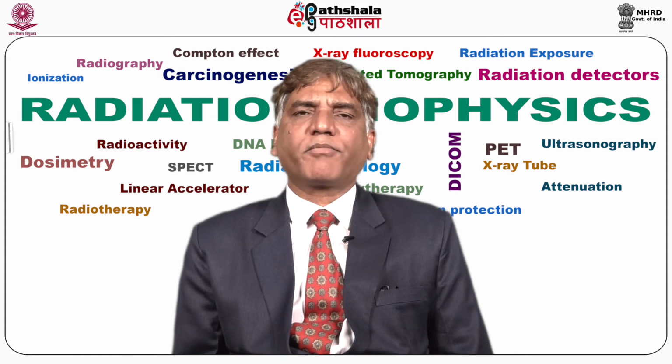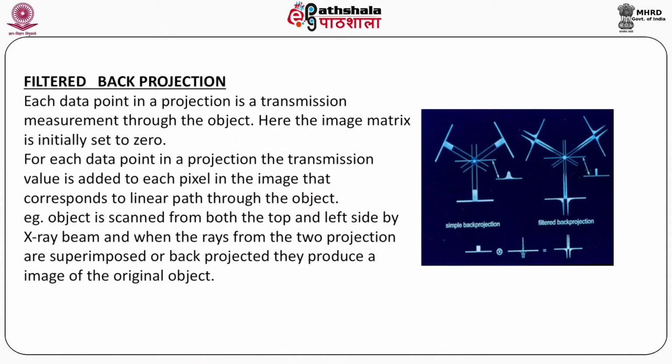However, in simple back projection, the image of the object is not accurately reproduced. There is some degradation, especially near the periphery of the image. For example, if you want to see an image of a spherical object, when the image is formed using simple back projection, the spherical object will look like a star-like pattern.